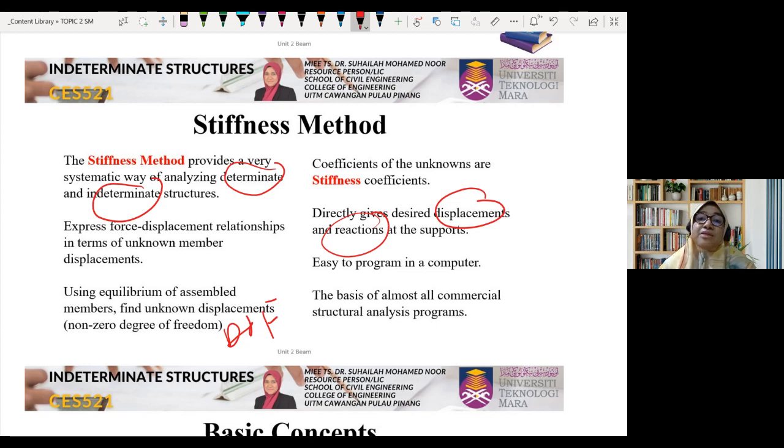But by using stiffness method, we can get displacement and reaction at each node directly. So stiffness method is easy to apply in a computer. As I mentioned just now, this is the theory behind all structural engineering software.